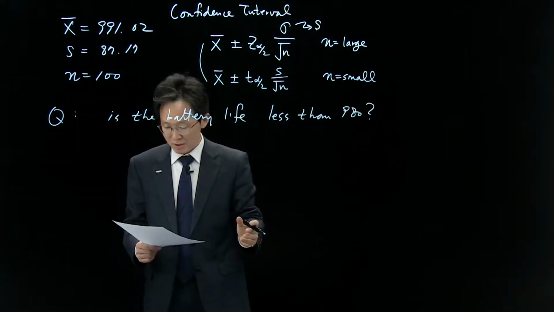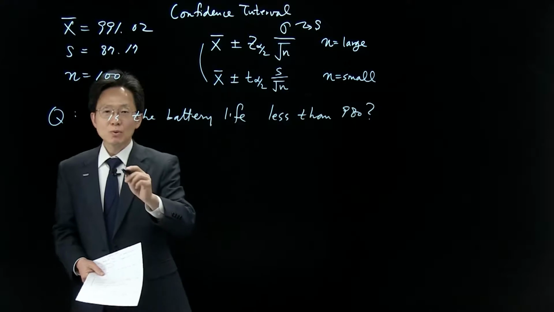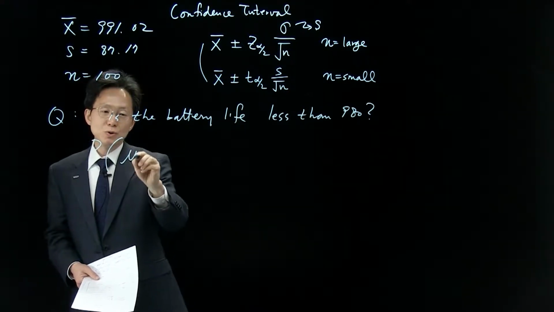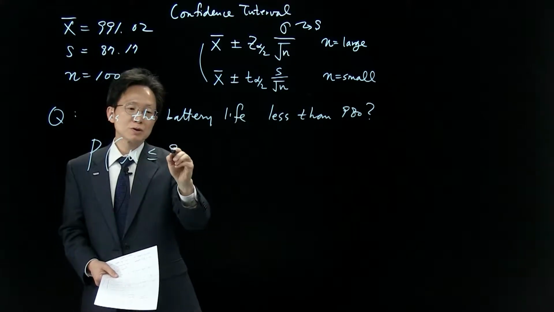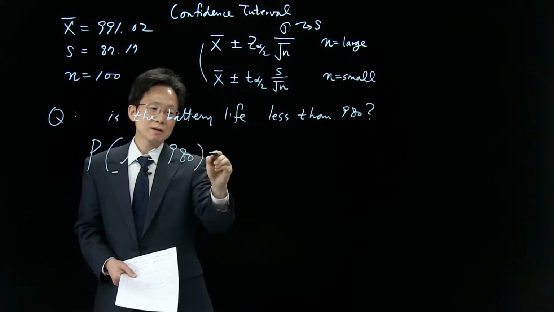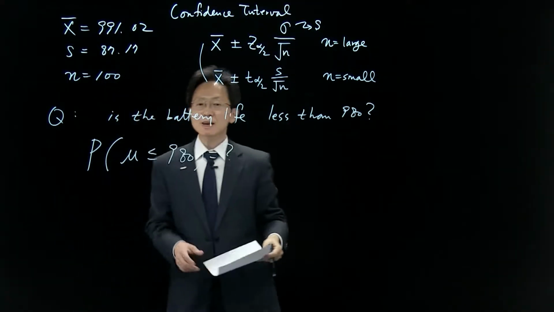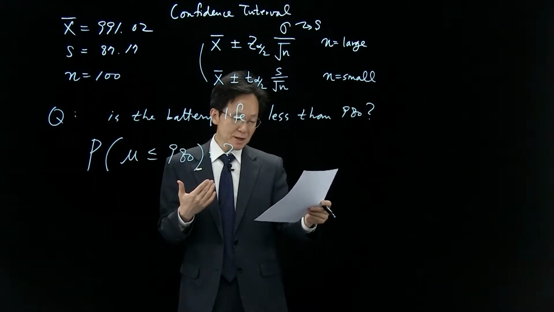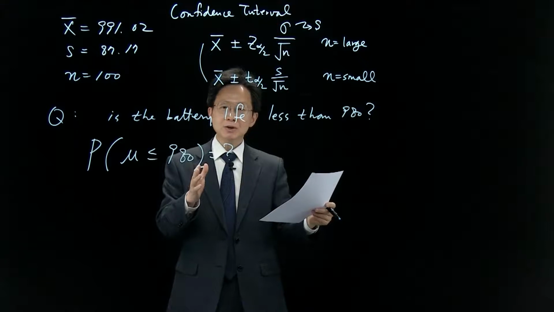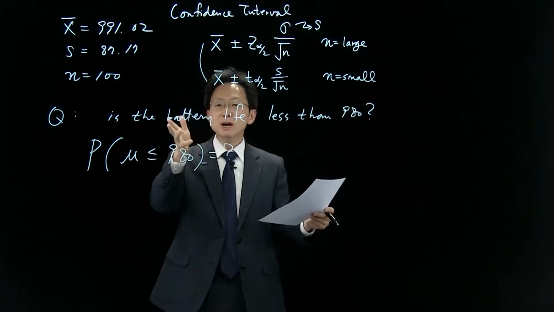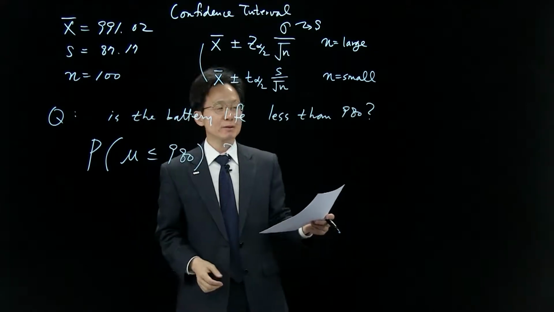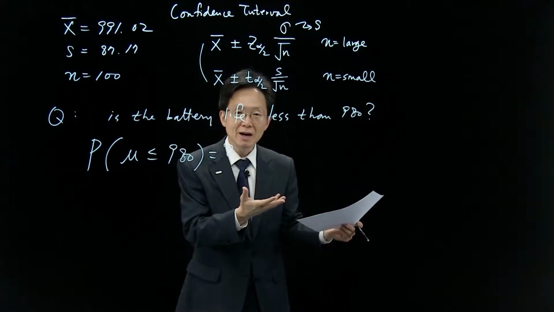For example, I probably want to calculate the probability, say mu less than or equal to 980, right? If I can get this probability, then somehow I will answer the question. Is it true that the true mean value of the battery life is less than some value?